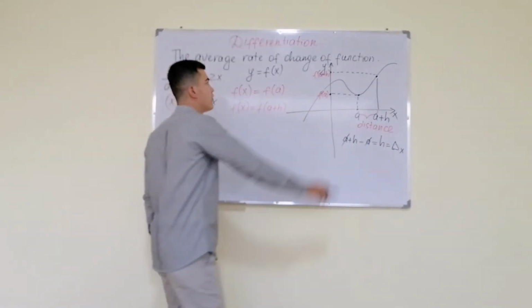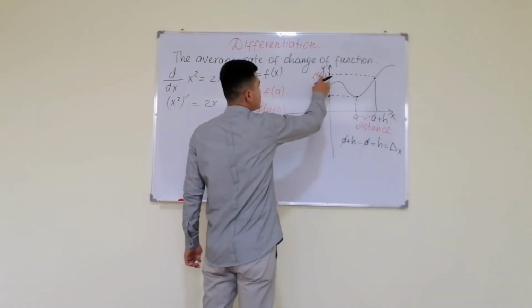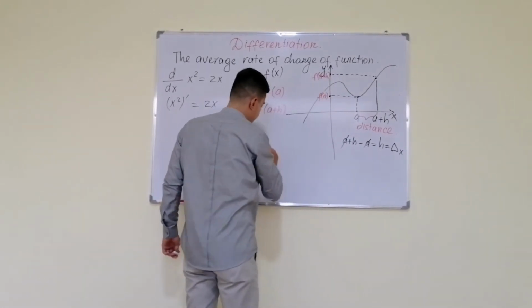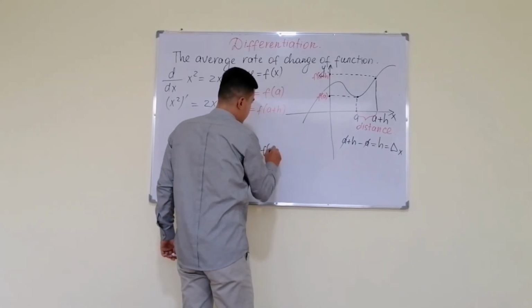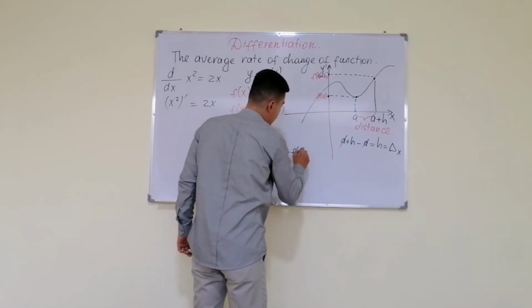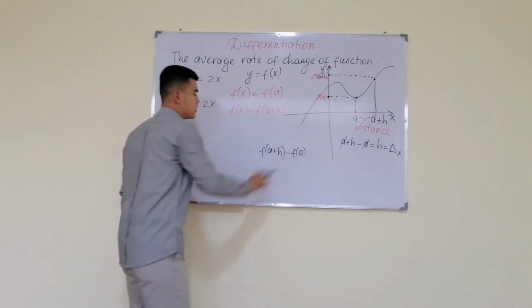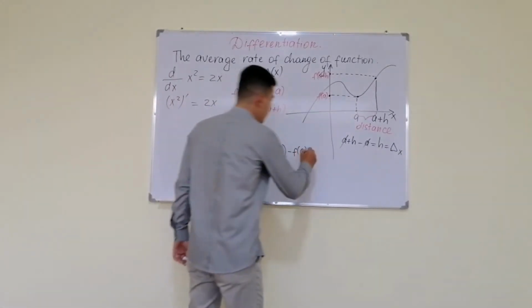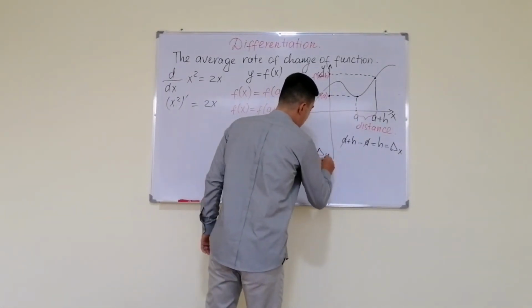And now we have to find the distance from here. So let's say f of the bigger one, this one, minus f(a). Here we cannot do anything, and it remains without changes. That's why let's sign this with delta y.